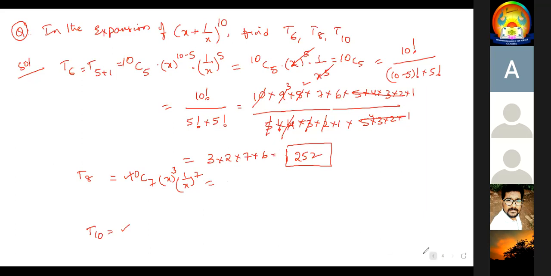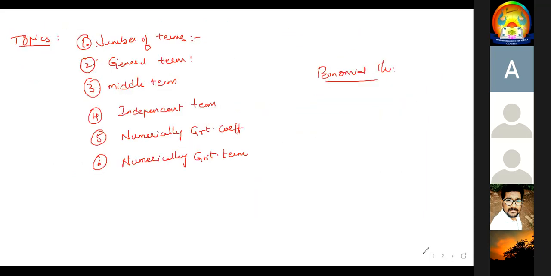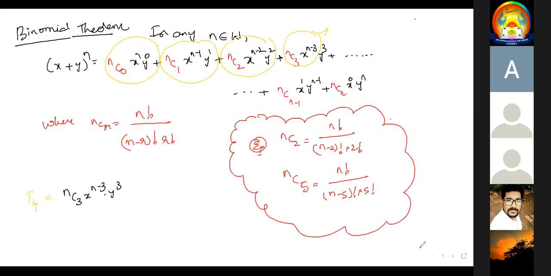Please simplify. And meanwhile, there are some new students in the class. For them, I am teaching. The guys who are attending for the first day, welcome to the branch. So this is a class of mathematics. And I'm dealing with the new chapter called binomial theorem. Binomial theorem means expansion of (x + y) whole power n.